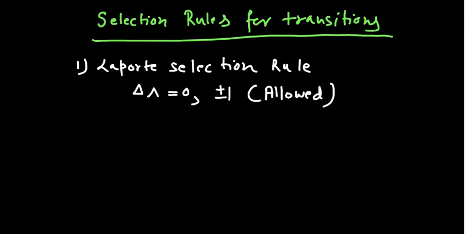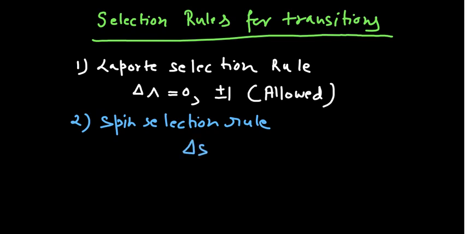Please remember. Then you have your second point, the spin selection rule. What the spin selection rule says is that delta S, the change in spin multiplicity, would be equal to 0. When this happens, it is an allowed transition.